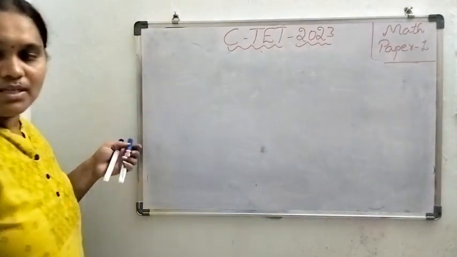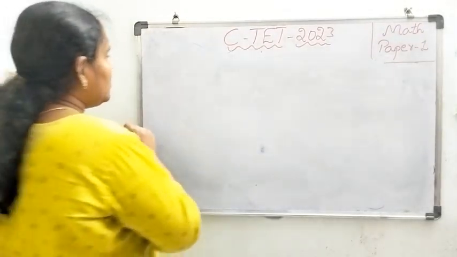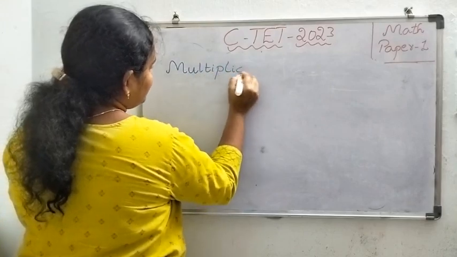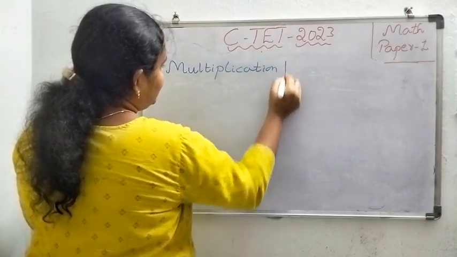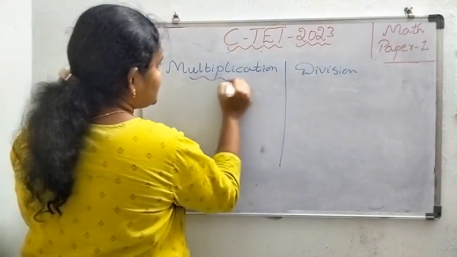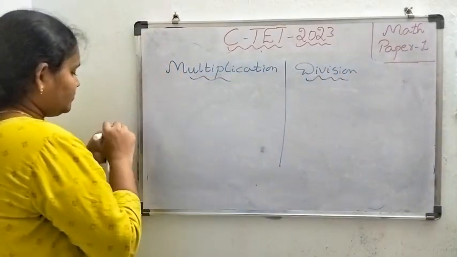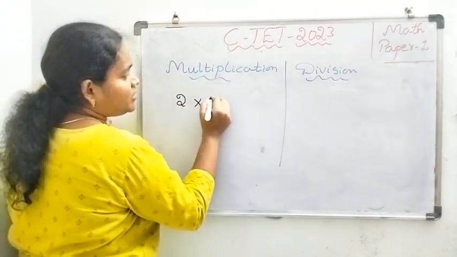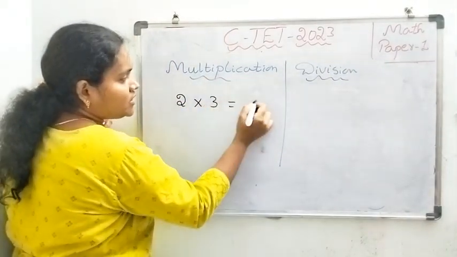So addition and subtraction of fractions we discussed, right? Now let us see multiplication of fractions. How we have to do multiplication and division of fractions. Generally multiplication, suppose 2 into 3, which is 6.